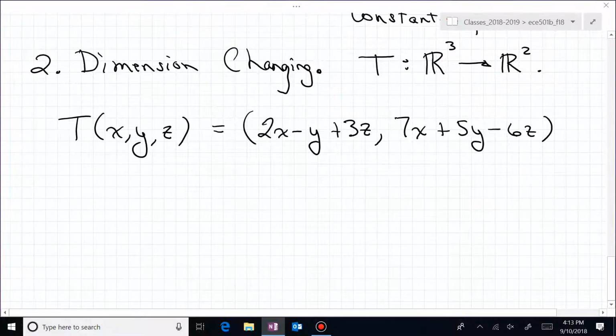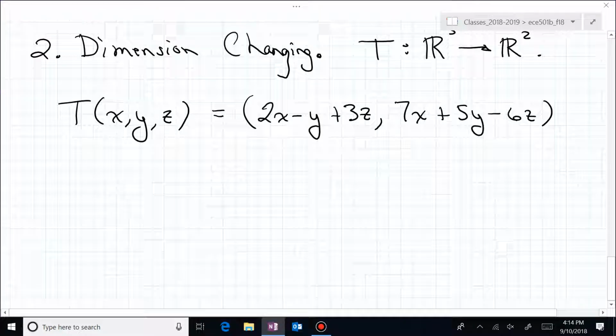And now we are interested in what points x, y, z in this three-dimensional volume actually map to the 0 vector 0, 0. What points x, y, z actually are a subspace, we haven't learned that yet, but a subset of vectors in this three-dimensional volume that actually map to the 0 vector in 2 space. What does that mean?